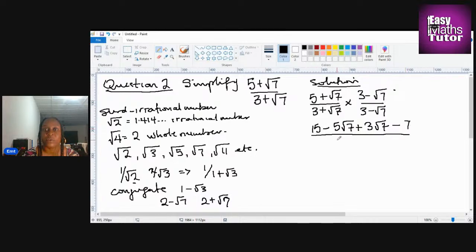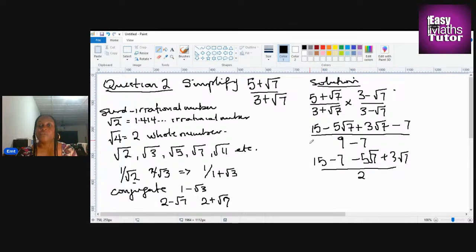All over, 3 times 3 gives us 9. Root 7 times minus root 7 gives us minus 7. So our value will be 9 minus 7, which is 2, right? Then 15 minus 7 gives us 8, minus 5 root 7 plus 3 root 7 all over 2. Since they are both root 7, minus 5 plus 3 will give us minus 2 root 7 all over 2.